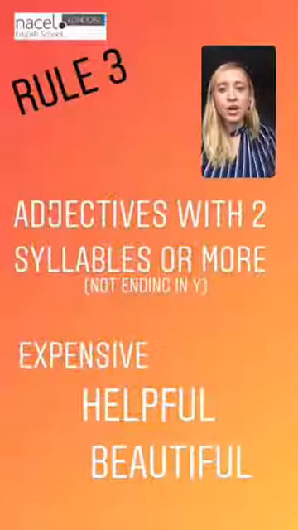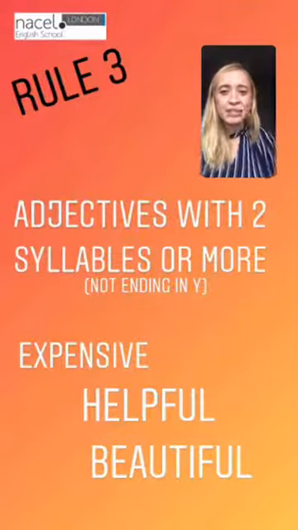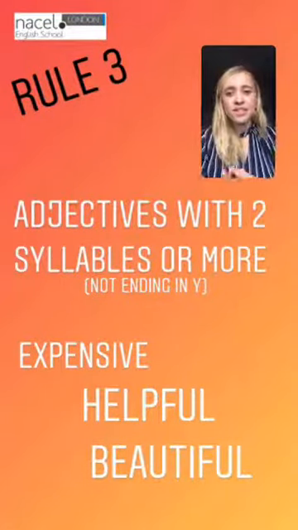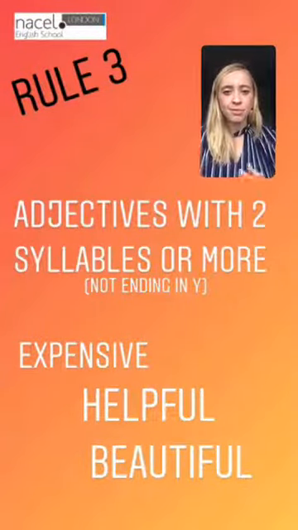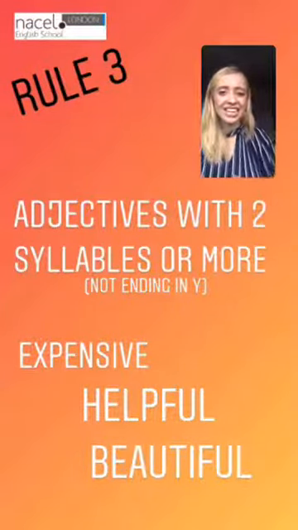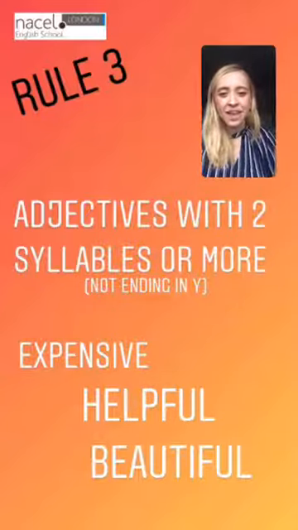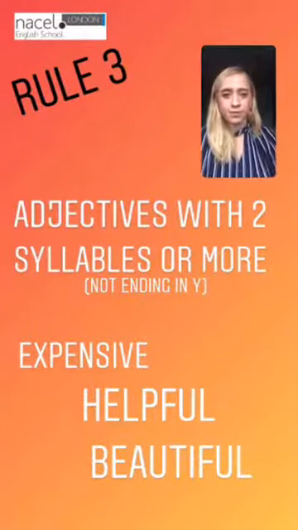So the final rule, rule 3, adjectives with 2 syllables or more. This is not adjectives with Y. So adjectives with 2 syllables or more, not ending in Y. So examples we have here are expensive, helpful, and beautiful.